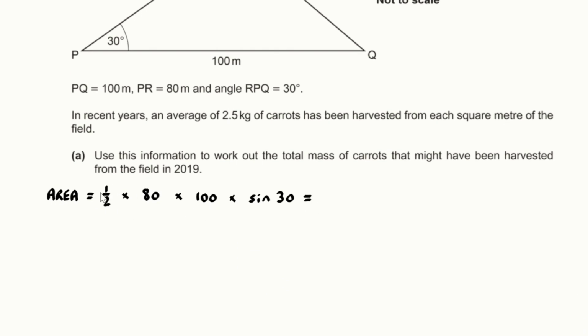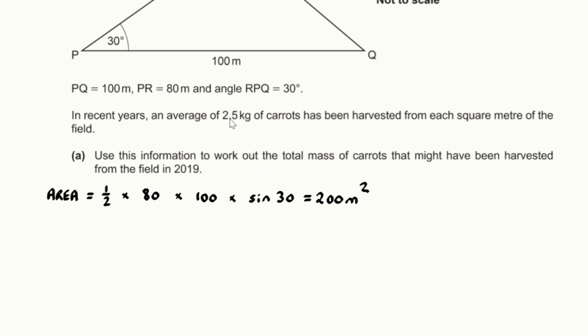We've got 800 divided by 2, which is 400, and then times that by sine 30. Well, sine 30 is 1/2. Just double check this, half of 400 is 200 meters squared.